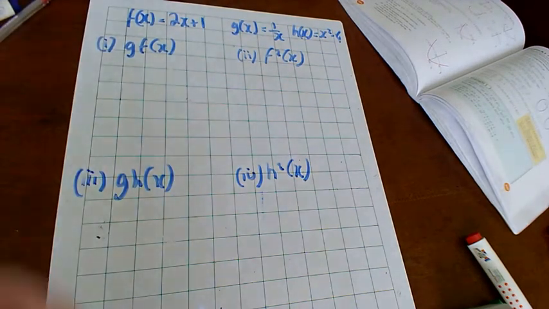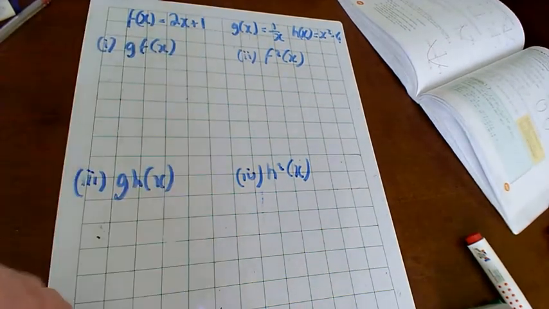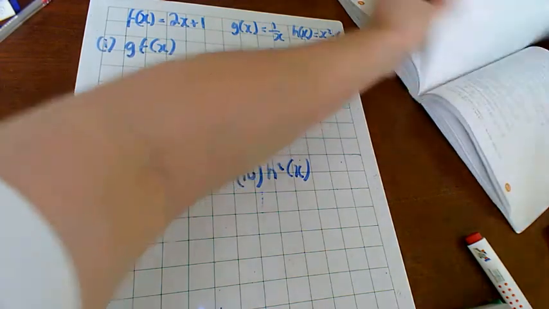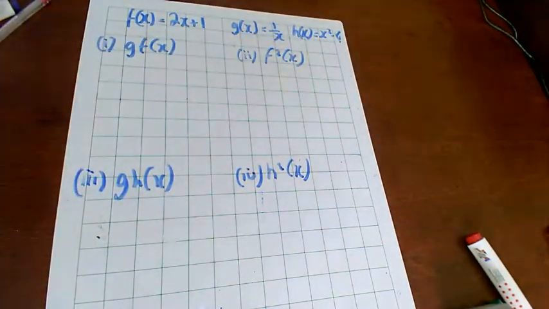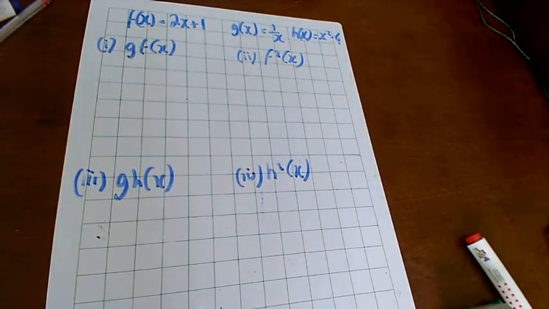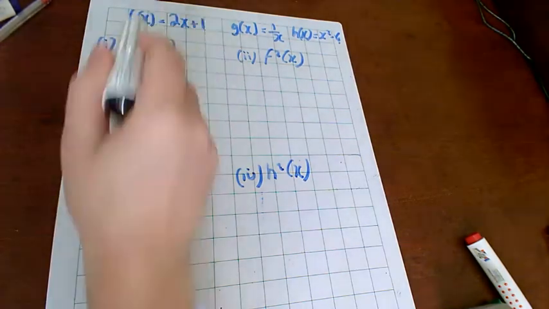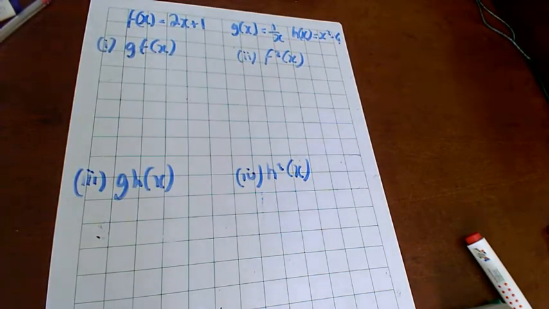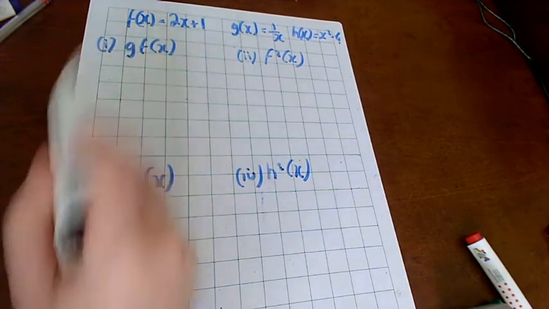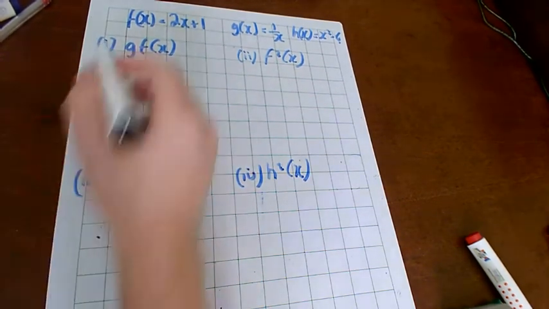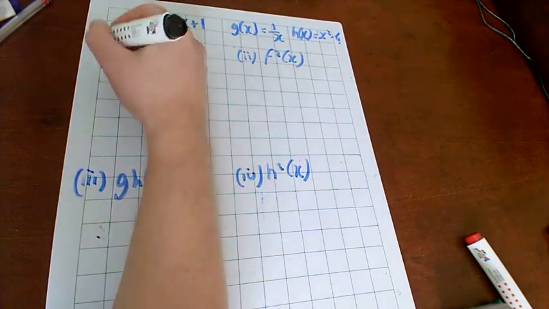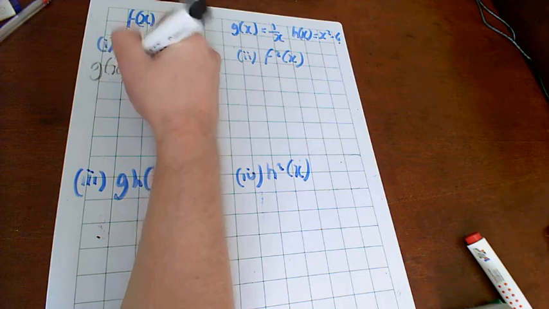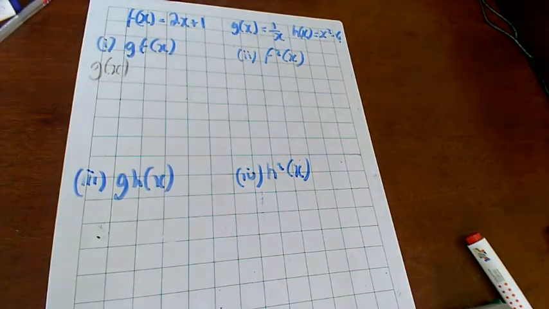Okay. New function. So this is the example on page 240. So it gives you three functions, f of x, g of x, and h of x. And it asks you to do 6 things. We've got the first 4 here. So the gf of x, that means, so our g of x, okay, just hold on, I'll get a new black marker.